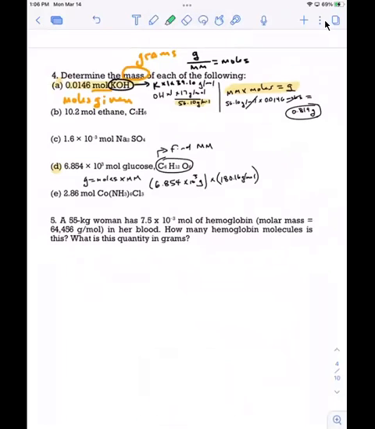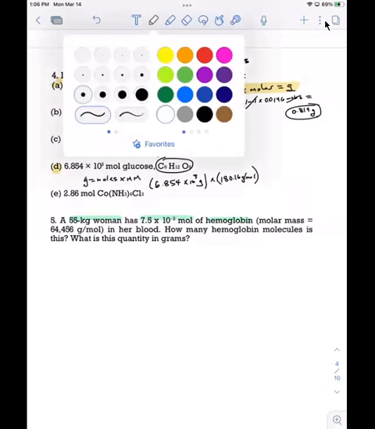This is just a warm up. It says a 55-kilogram woman has 7.5 times 10 to the minus 3 moles of hemoglobin. Her mass doesn't matter, because what the question is asking is how many hemoglobin molecules is this?